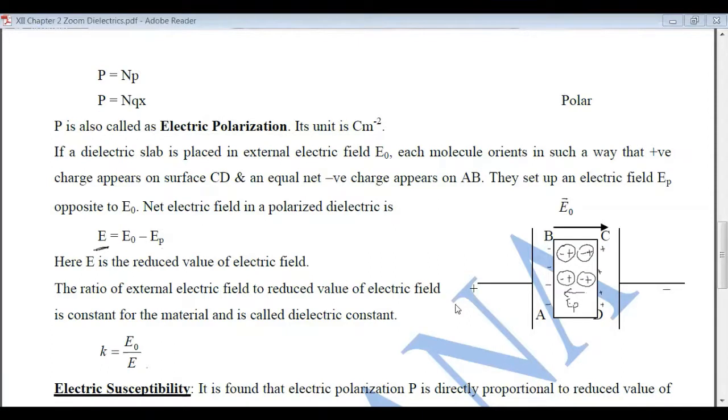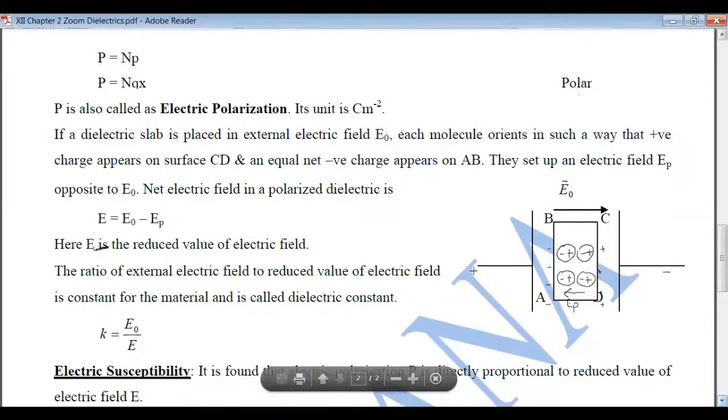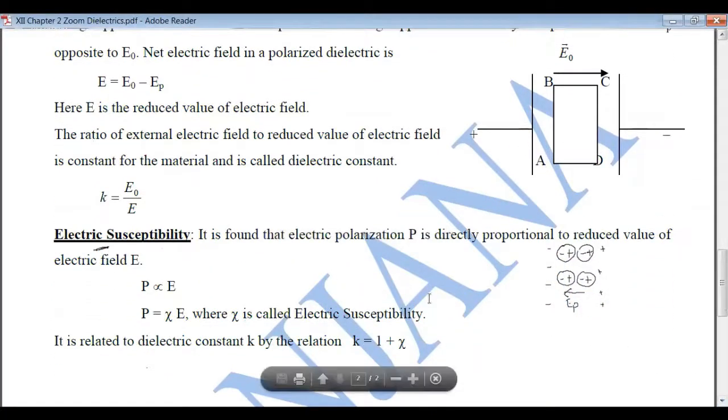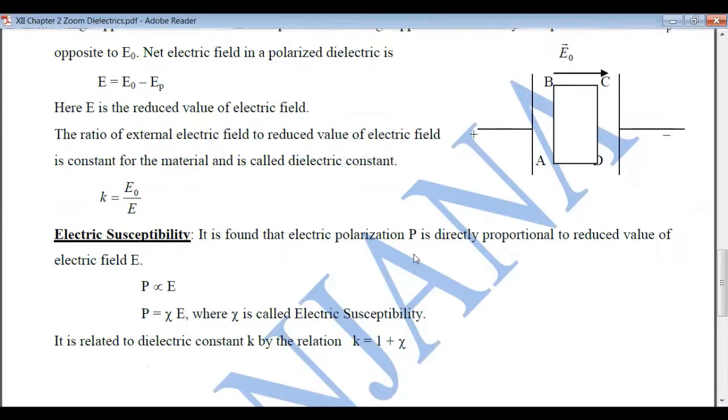Now we'll study electric susceptibility. We know that the electric polarization, which we also call the total dipole moment density, is found to be directly proportional to the reduced value of the electric field. What is this reduced value of the electric field? It is E naught minus EP, or in terms of the dielectric constant, K is given by E naught upon the reduced value of the electric field.